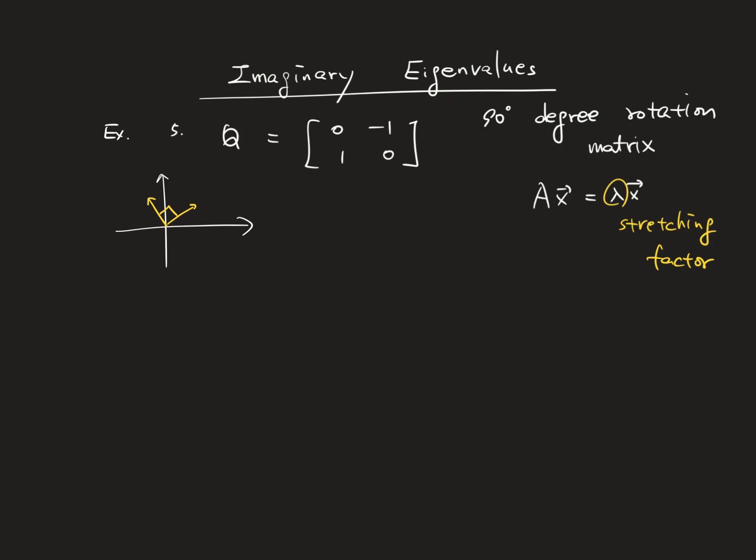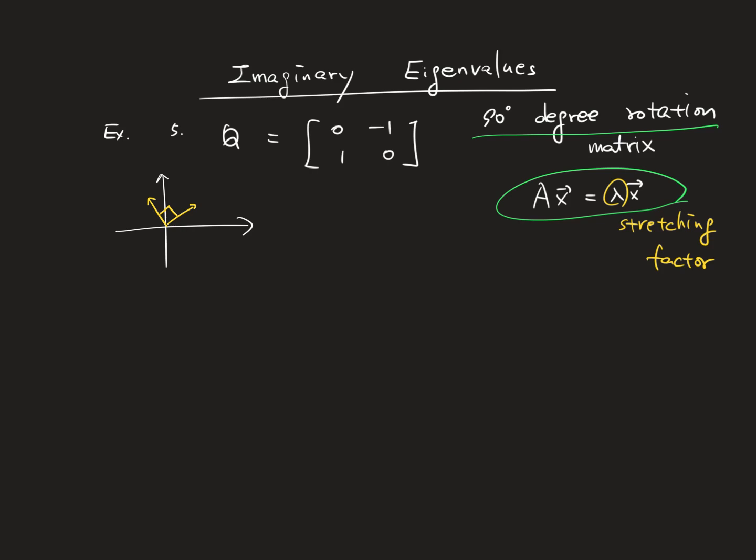But rotation is not allowed in this equation. Just stretching or squeezing a vector gives an eigenvector. So if we do a 90-degree rotation, there is no real eigenvector.